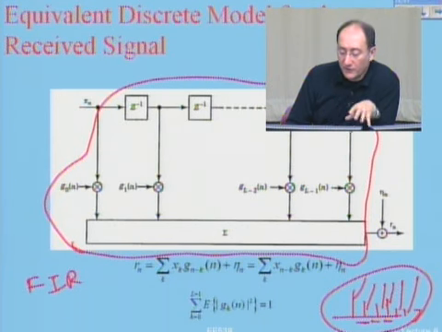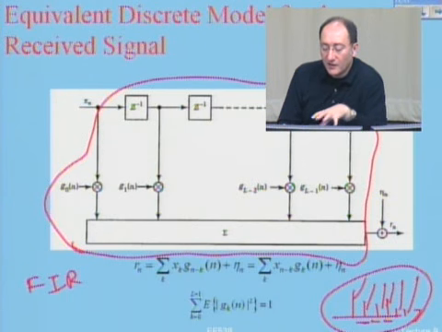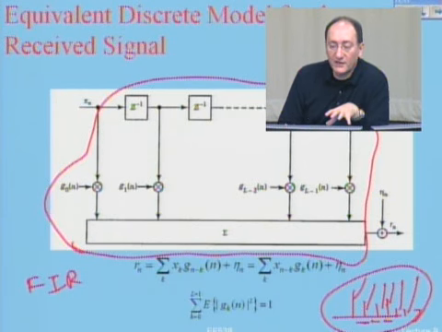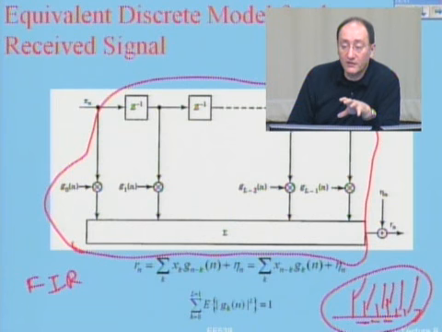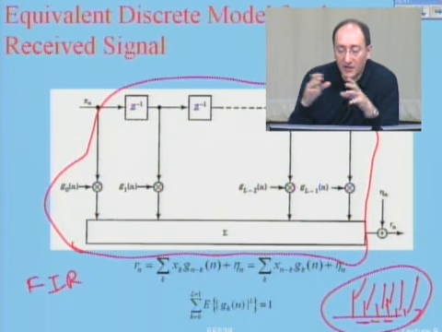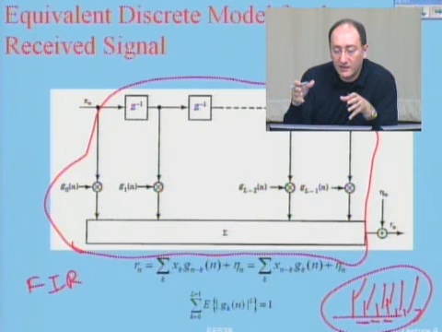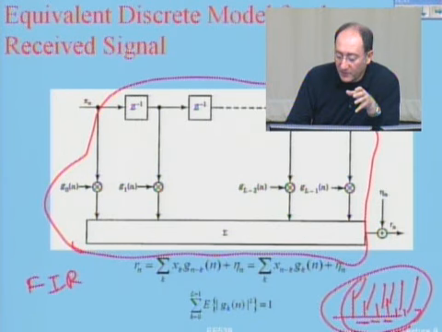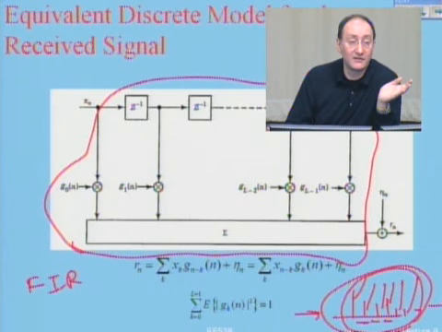So basically, if you want to simplify everything for any sort of transmission technique, you can assume that I have a channel model in between, and data comes in, and the received signal goes out.